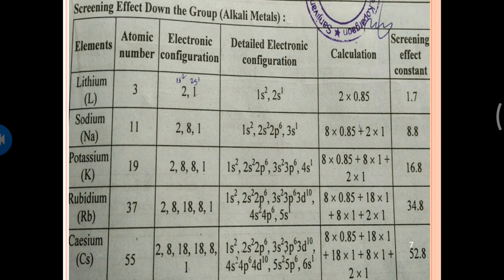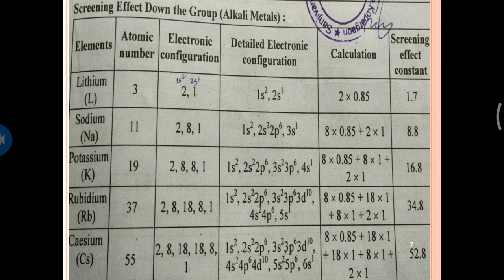So now the screening effect down the group in the periodic table. Down the first group: the first group elements lithium, sodium, potassium, rubidium and cesium. First period lithium: atomic number 3, electronic configuration 1s2, 2s1, and the group-wise configuration is 1s2 as the first group and 2s1 as the second group.